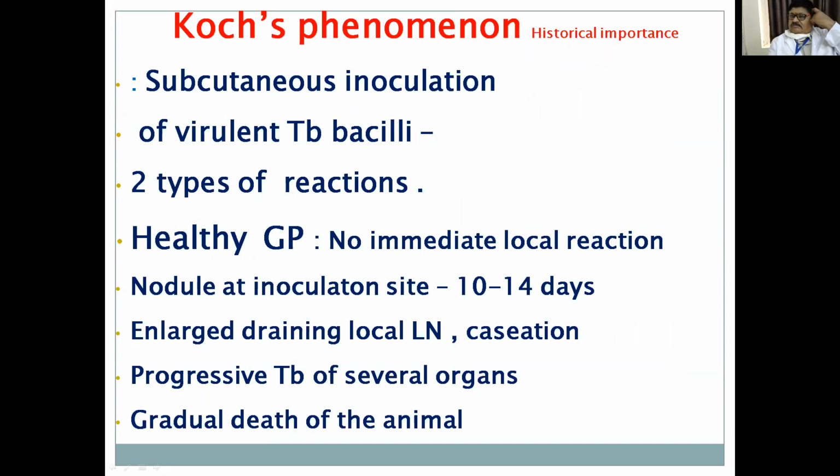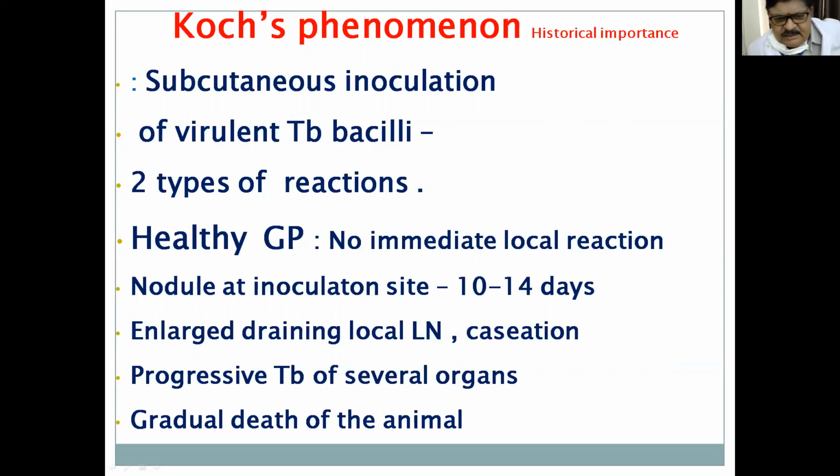Now, some old-timers may still ask you, what is Koch phenomenon? Now it is not relevant, but it is of historical importance, so you must know. You take a healthy guinea pig and a guinea pig that was exposed to tubercle bacilli by injection 2 to 4 weeks earlier. What is the response?